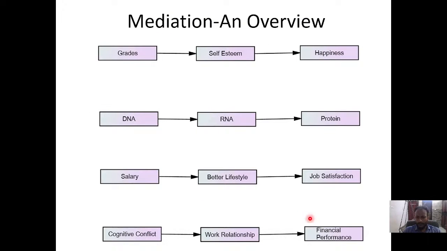During my PhD, I used the concept of cognitive conflict, which is conflict related to numbers, that is, objective-oriented conflict, and how work relationship acts as a mediator between this cognitive conflict and the financial performance of the organization. So basically I have three variables: cognitive conflict, work relationship, and financial performance.